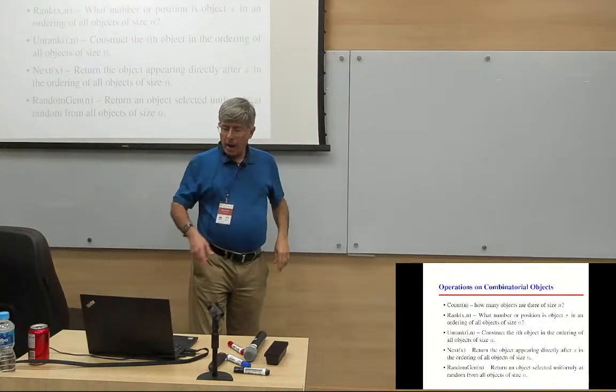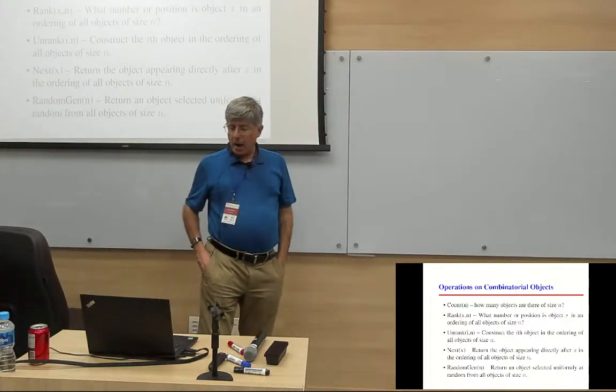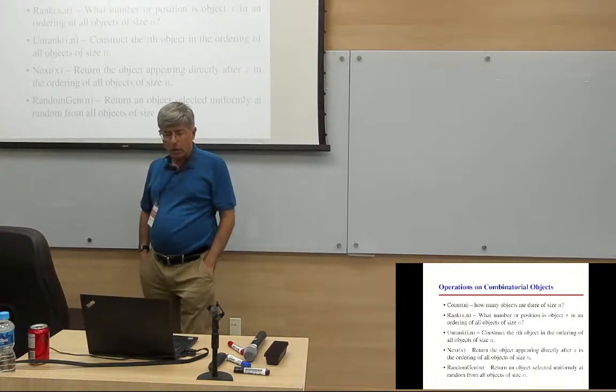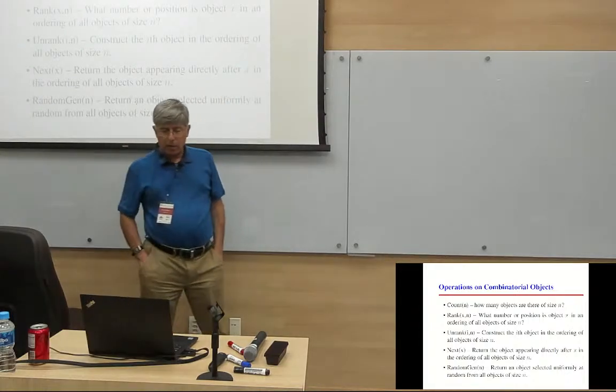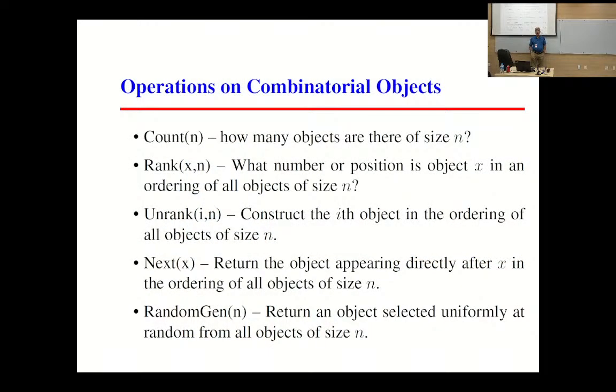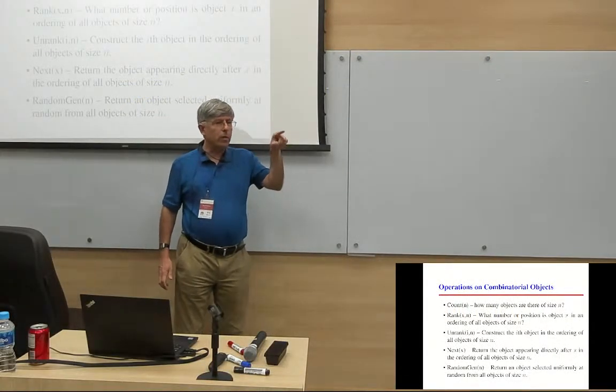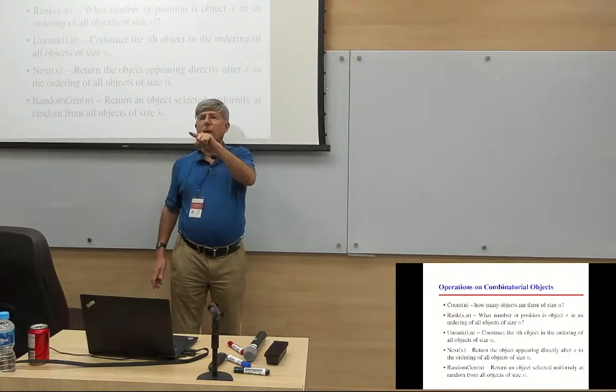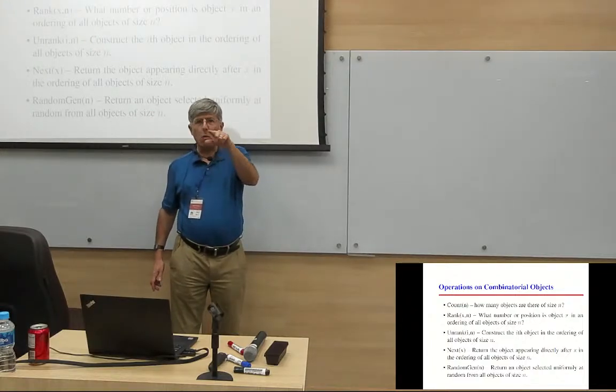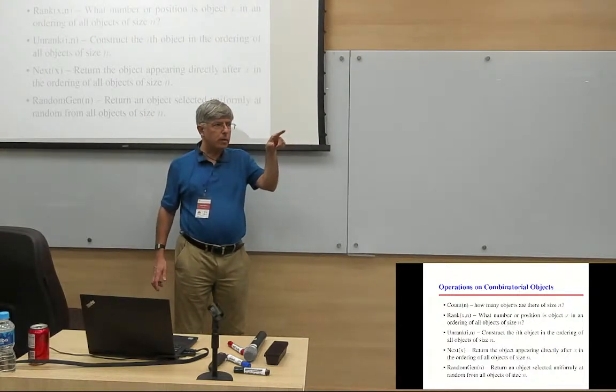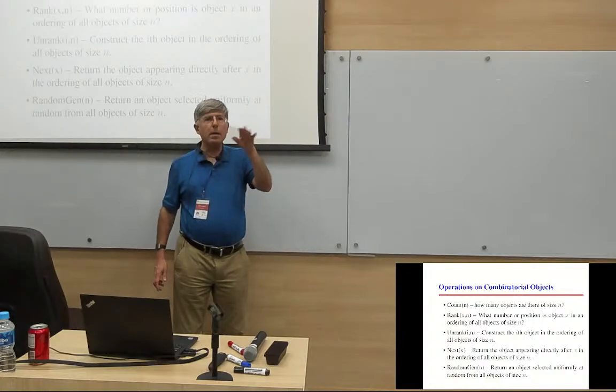There's one other operation I haven't talked about here, which is random generation. One might say, given n, give me one of the objects uniformly at random. I'm sure that at some point in your life you have wanted to construct a random permutation. Is there anyone here who's ever wanted to construct a random permutation? I see some people nodding.